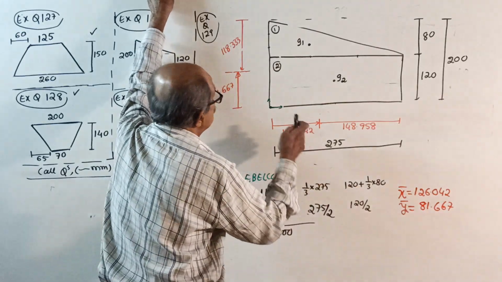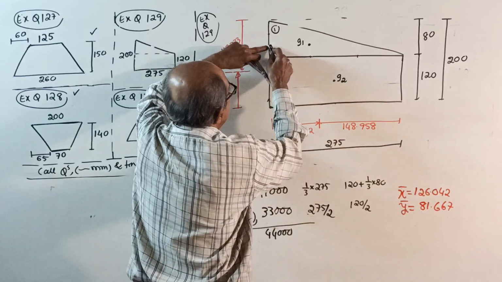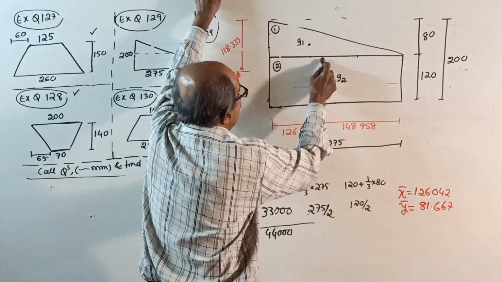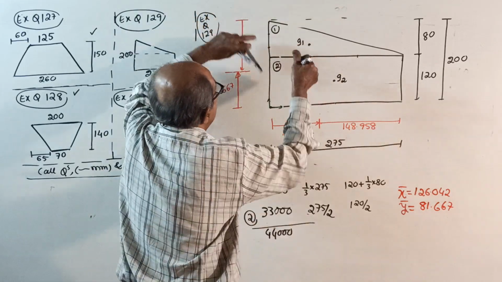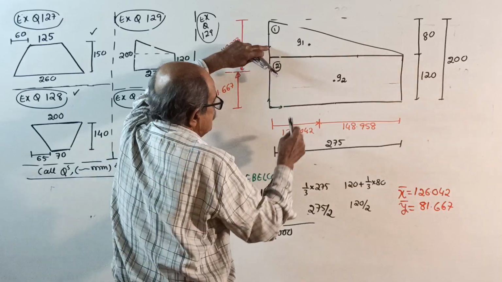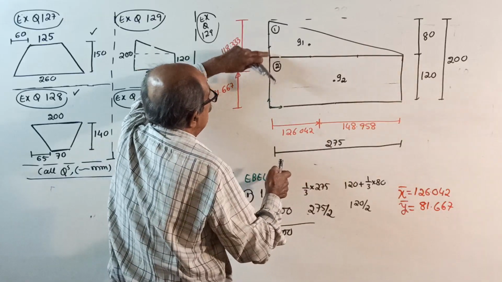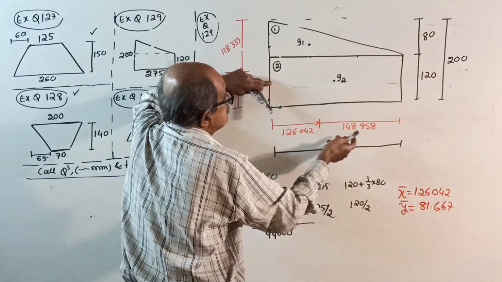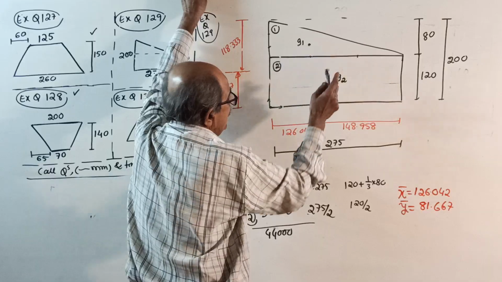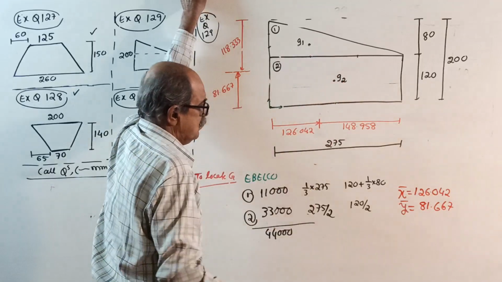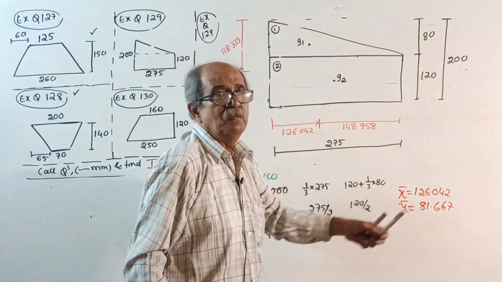A2, X2, Y2. Y1, sorry, here, because 1 is a triangle, be careful. So X1, 2/3 of 275. X2, half of 275. Y1, 120 plus 1/3 of 80. Y2, half of 120. You get X bar, Y bar.